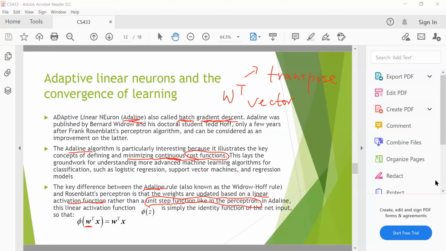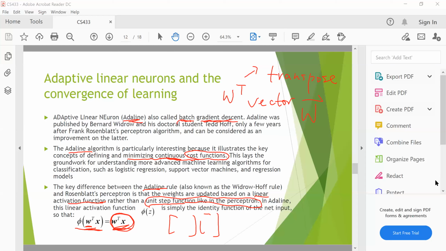And then generally when we write it like this, it's what you learned in math. Okay, so the activation function over here, what is it? It's a linear function. So it's just linear: we use the weights times the features. Okay, so this is vector format, and basically it can be matrix format.